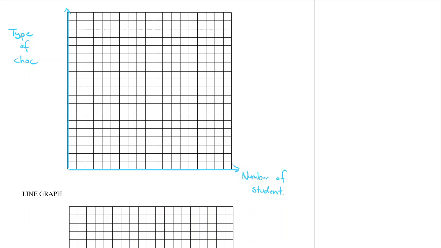Okay, so for the type of chocolate, we are going to have to leave a one space gap, and then the next two spaces will be for Crunchie. Leave a one space gap, and the next two spaces will be for Turkish Delight.